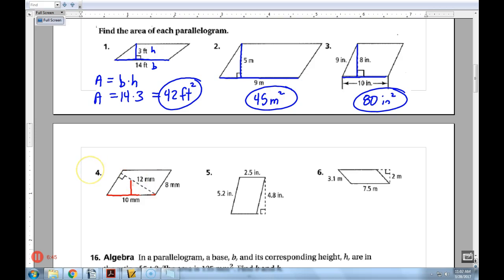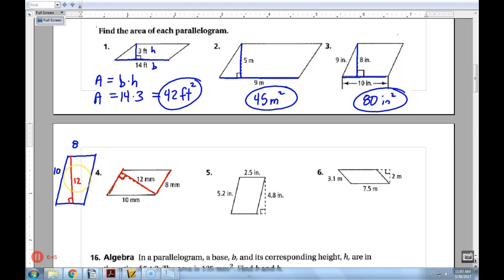So what you kind of have to visualize is if I turn this thing the other way and stood it up long ways like this, and the 8 was up top and the 10 was on the side, all right, and my 12 actually is cutting across. All right, so my 12 is connecting this 8 with this 8 right there. So that is the height between those two bases there, which is 12.